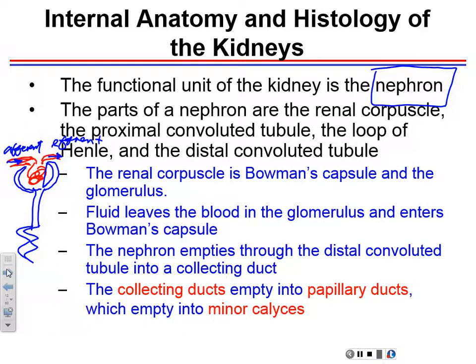Because when you filter blood, anything that fits goes. So you filter a whole bunch of things you actually want to keep in the blood. So what the blood system does is that the efferent arteriole will come back and surround all those tubules so that everything that was filtered that needs to stay in the blood will come out, and that's what's called tubular reabsorption.